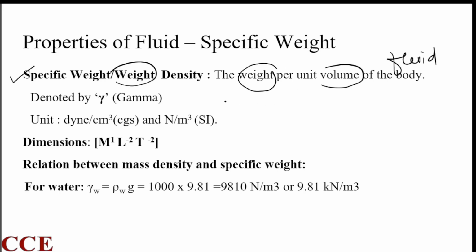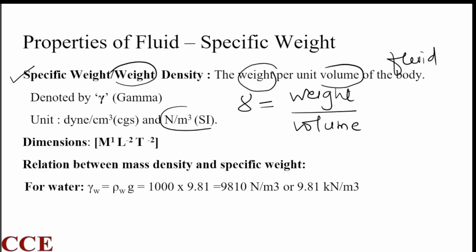So we say specific weight, the notation is gamma, is equal to weight divided by the volume. What is the unit of weight density? In the SI system, the unit is Newton per meter cube, and the dimensioning is M to the power 1, L to the power minus 2, and T to the power minus 2.